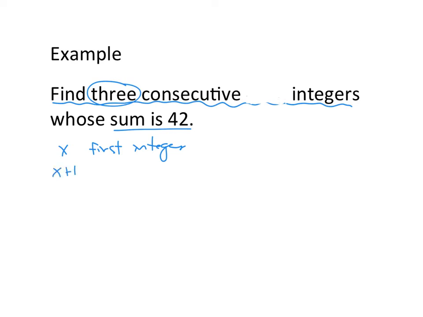So we just have to think through, well, again, what does consecutive mean? It's the next one, so one more than it. So that's the next one, okay? And then the next one after that would be the last one, all right? Finally, we know that these then 3 add up to 42. So we have x plus 1 plus x plus 2 equals 42.